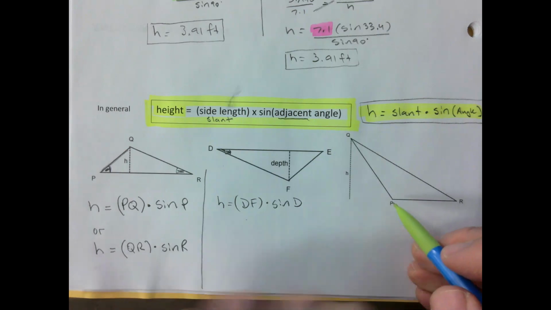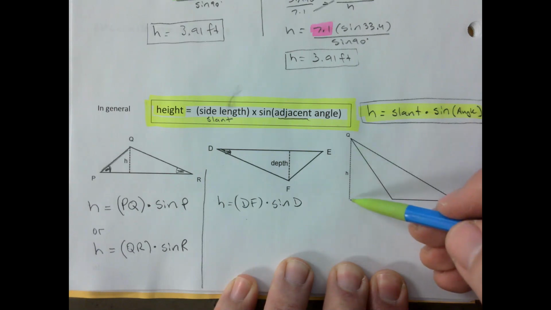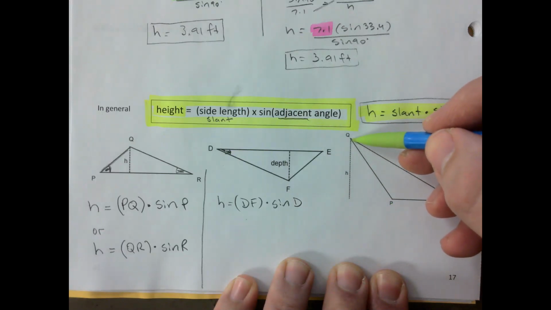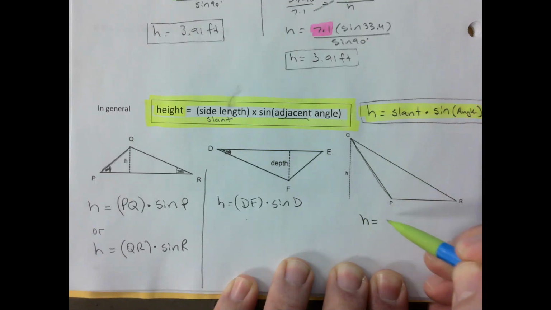And what about this one? It's outside the triangle. What's going on here? The height is outside the triangle, so it's kind of weird. It still works. You would take QP. Height here is QP times sine of, which angle would you think?